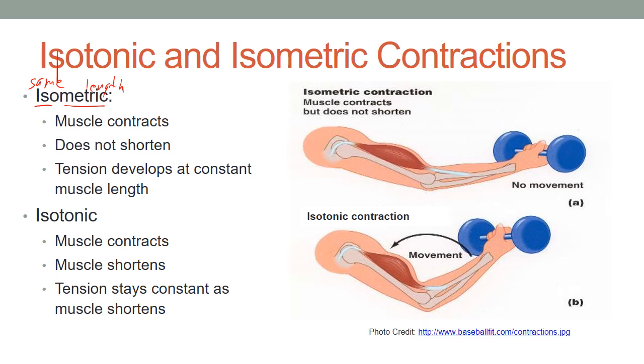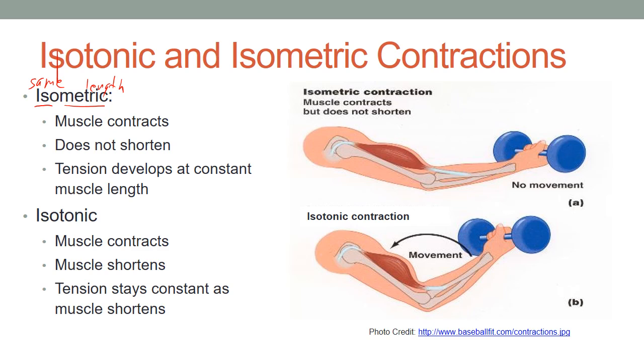Or let's say somebody hands you a baby and you're holding that in your arms. You're not tossing and dropping, tossing and catching the baby over and over again. Maybe you are, but most of the time you're just holding the baby at the same length. But your muscles are still contracting. They're still exerting muscle tension, muscle force.